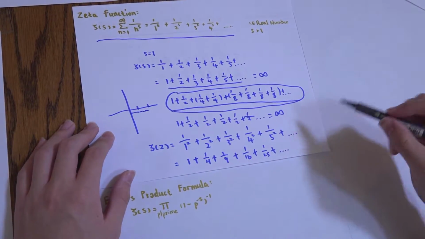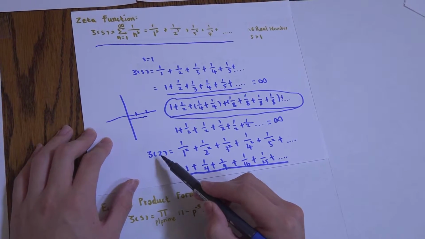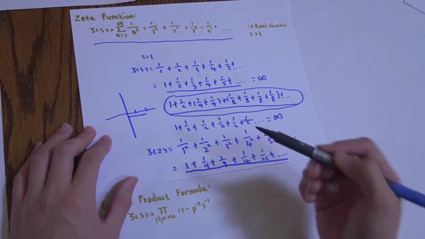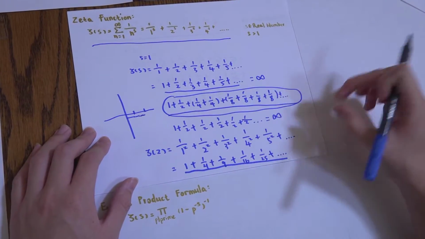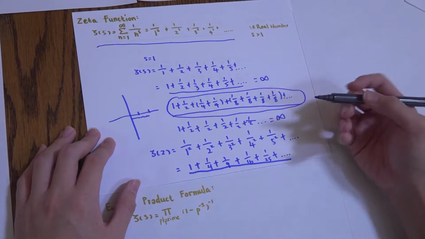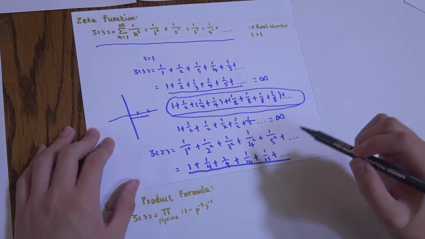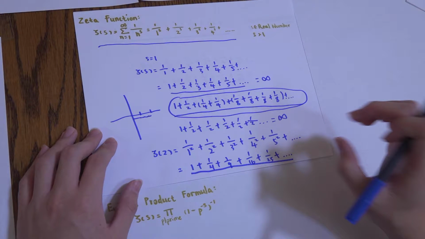So from this, we can see that when s equals 2, the function is approaching a certain value because it's adding a smaller and smaller amount each time. So we can conclude that when s is larger than 1, it is approaching a certain value. At this point, you might be wondering which specific value this equation converges to.